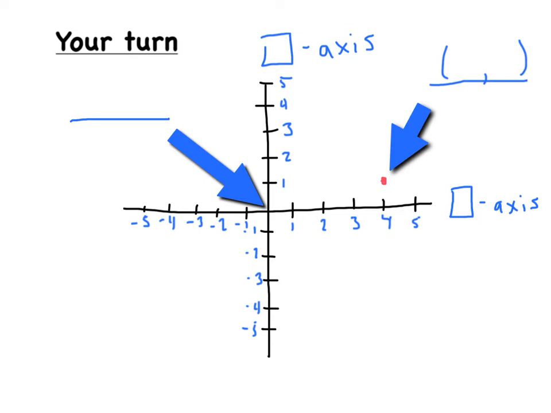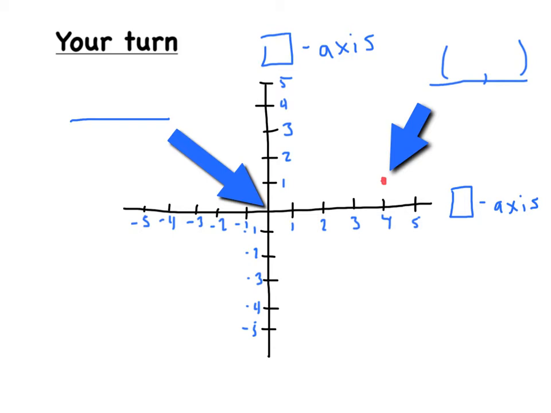Fill it in. What's this axis? It goes horizontally. Fill it in. This point right here, that this arrow is pointing to. What point is this? What ordered pair is this? Remember, something goes first, something goes second. Alright, try it yourself, pause the video, and then push play once you're ready.